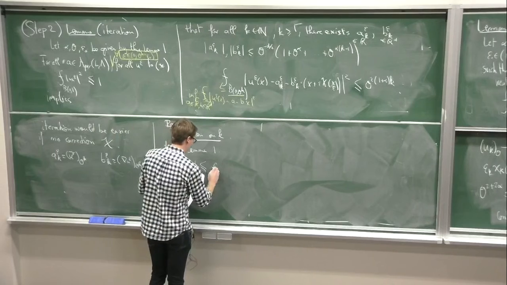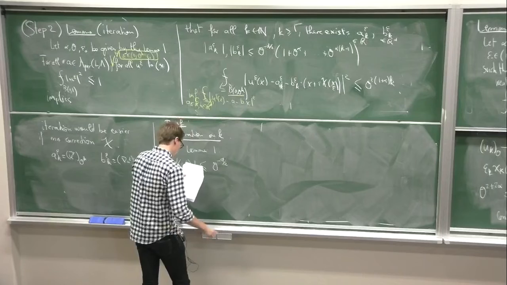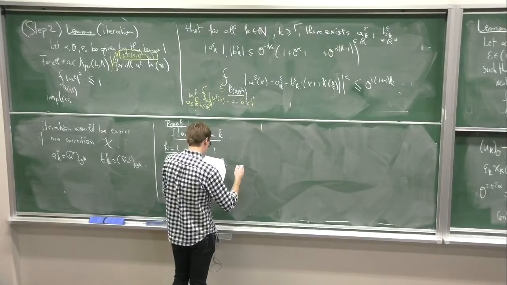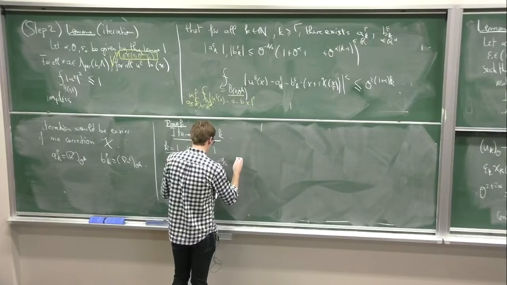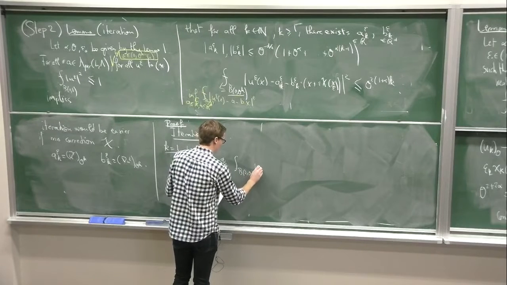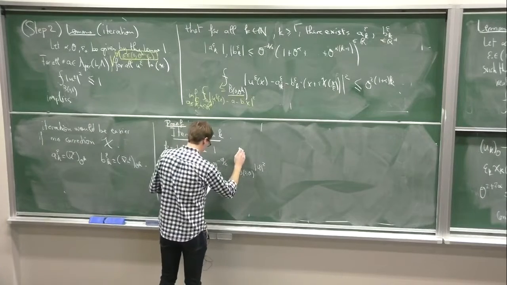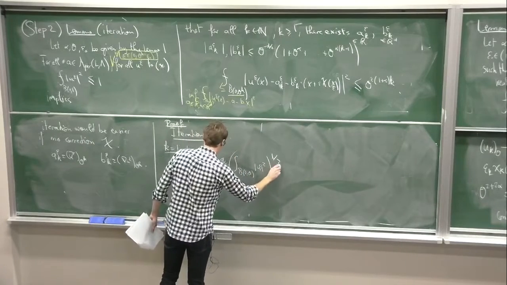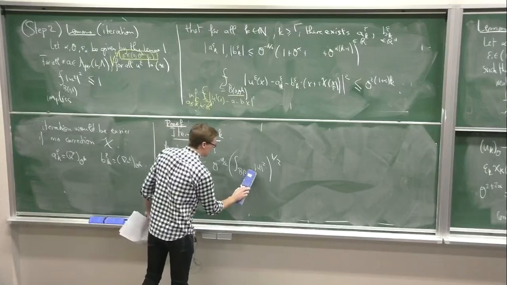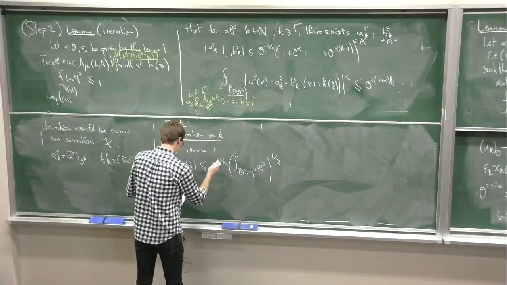This will be theta to the minus d over 2 times the mean of U epsilon squared on B0 theta, to the power 1/2. So this is just bounded by this, basically.